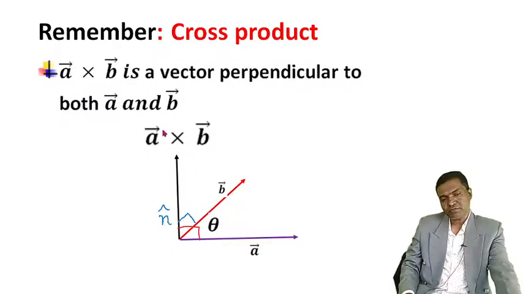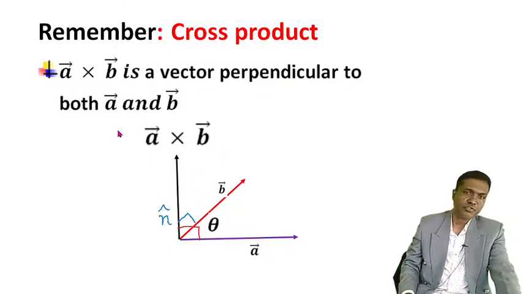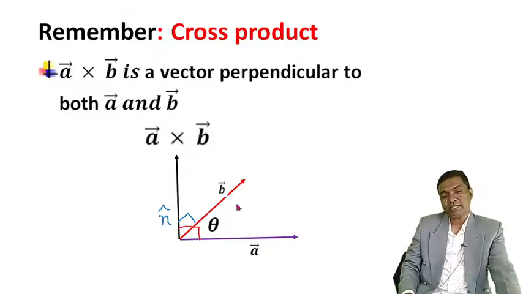So the cross product is always a vector which is perpendicular to individual vector A and vector B. So remember this, we are going to use this again. Whenever A cross B comes, it is a vector which is perpendicular to both vector A and vector B. And n cap stands for a unit vector in this direction.